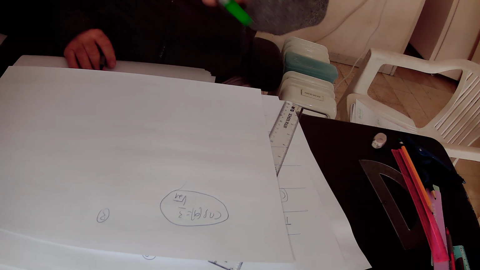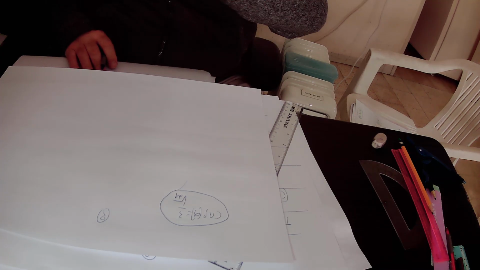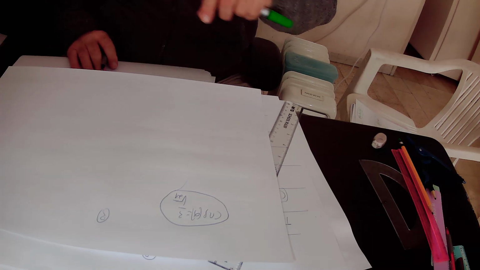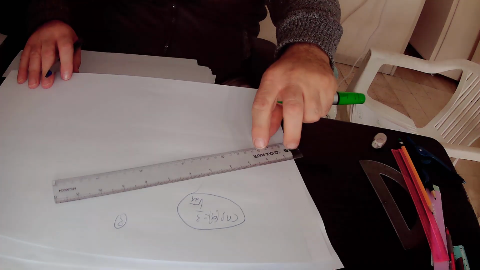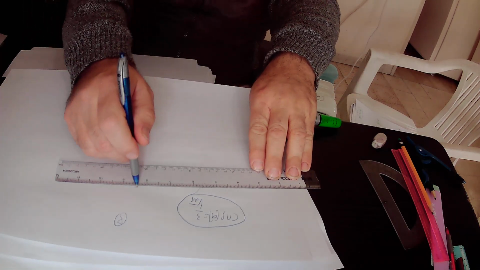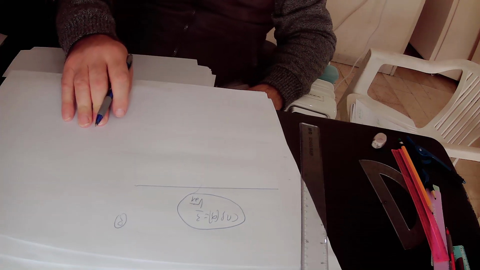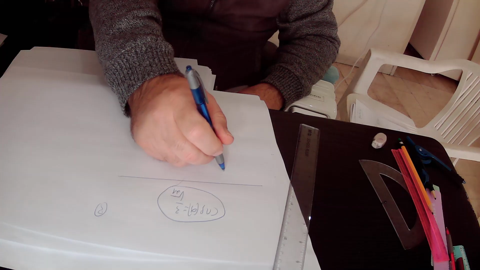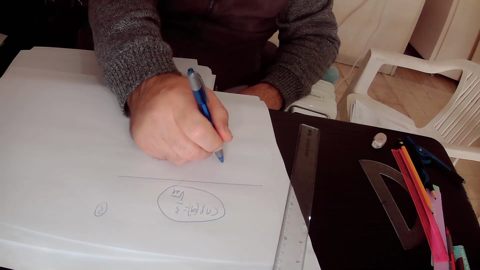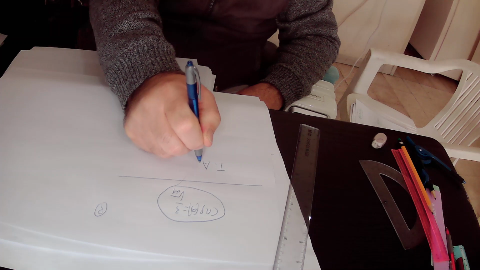We would like to express cosine alpha in terms of sine alpha. So we will use the following trigonometric identity in order to achieve the task. We have the trigonometric identity, T is the abbreviation for trigonometric identity.